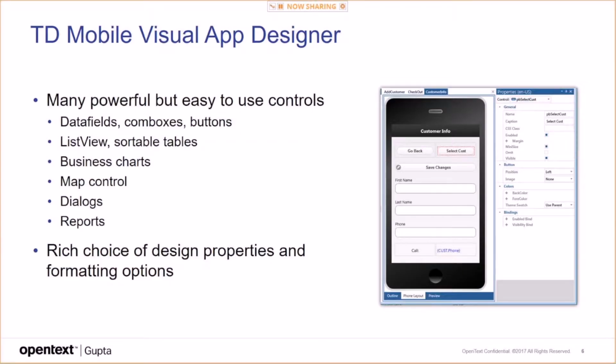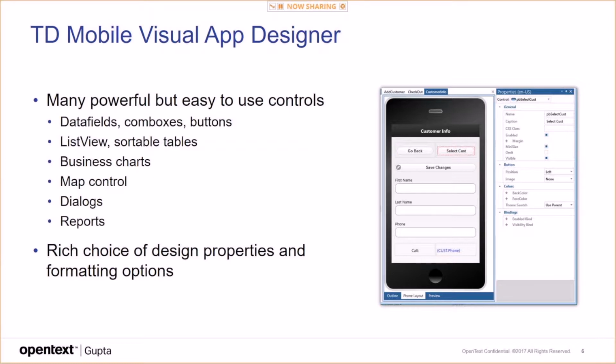So here's a view at the TD Mobile Visual App Designer. So you have a visual way of designing your apps. You basically drop objects on your mobile phone screen, like data fields, combo boxes, buttons. You have a list view where you get a list of choices that basically allow you to tap on one row and then go into the details of that row. We have business charts, a map control, dialogues, and we also have reports which are compatible to the reports in Team Developer.